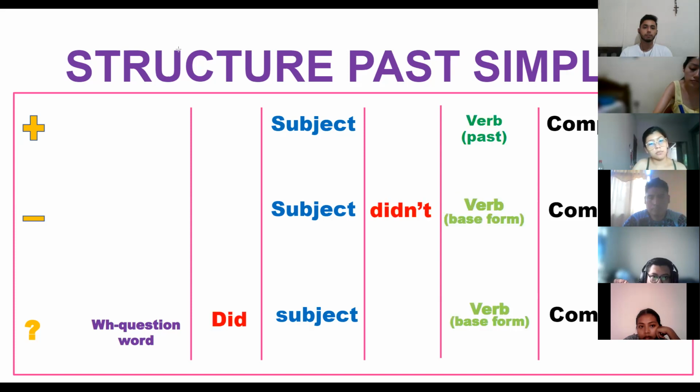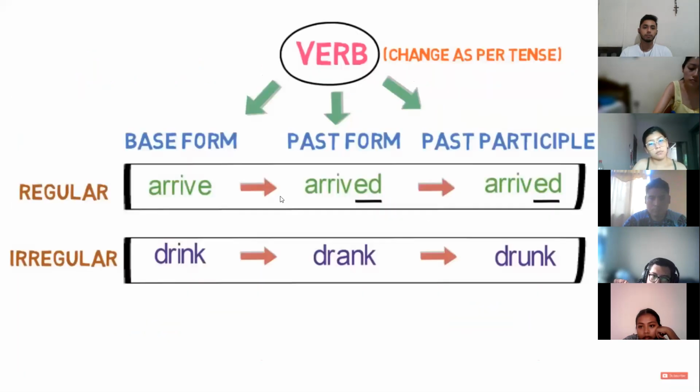Okay, now we are going to check here the regular verbs and irregular verbs, okay? And you told me before that when we have regular verbs, they have ed at the end, right? For example, here we have the verb in the base form, arrive, the past form, arrived, and the past participle, arrived.